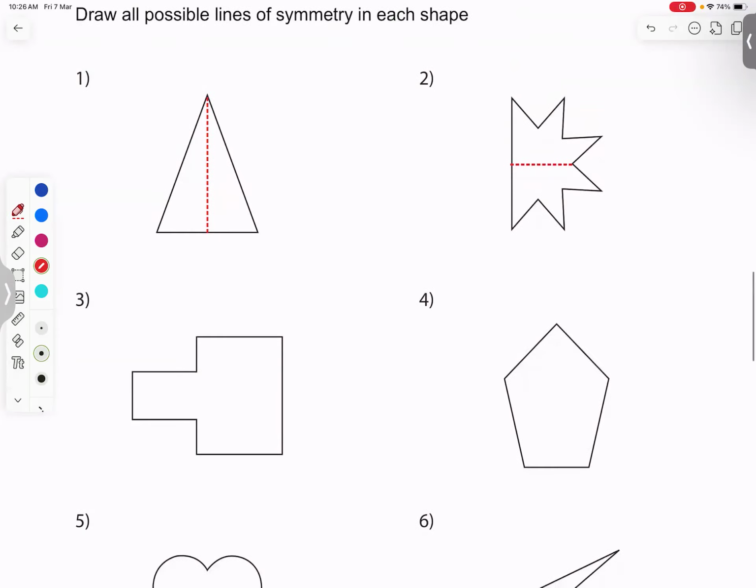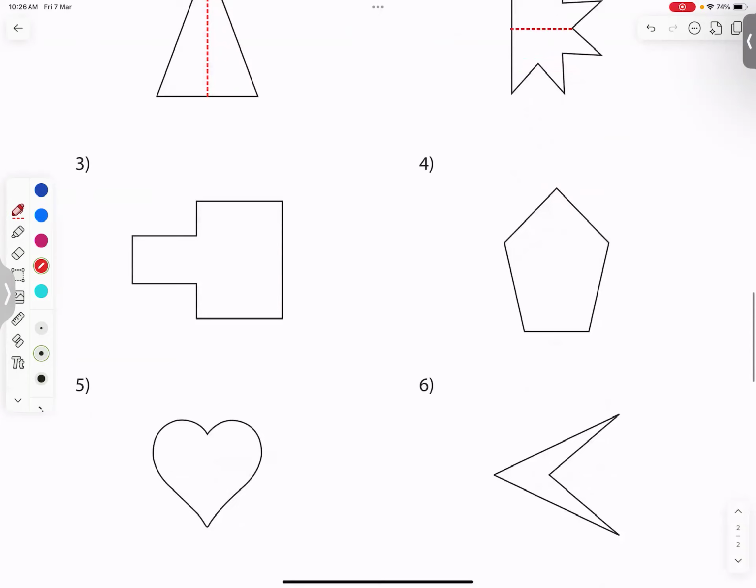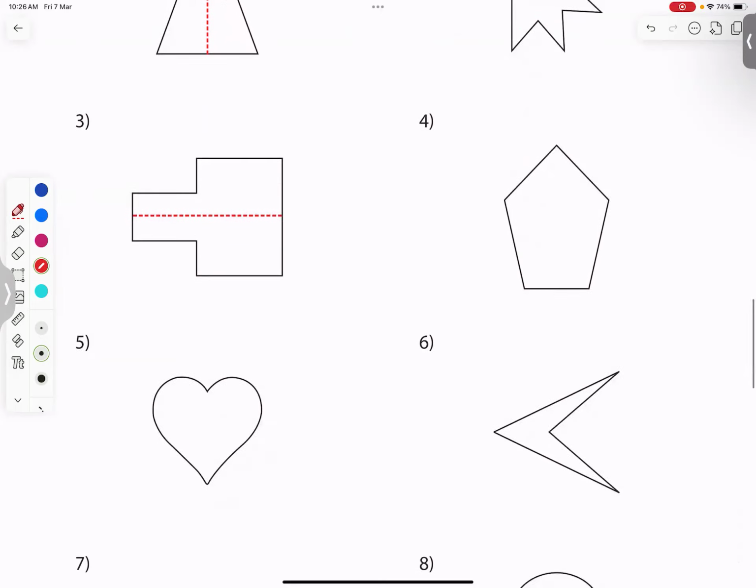And now in diagram number 3, like this one, it's also a line of symmetry. And this one is also a line of symmetry.